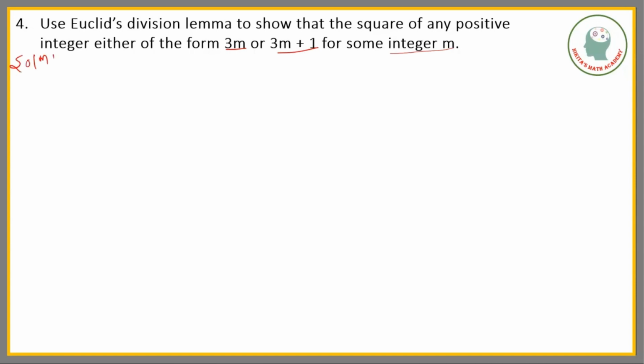We'll take a to be any positive integer. Let a be any positive integer, and let's take b as another positive integer which is equal to 3.